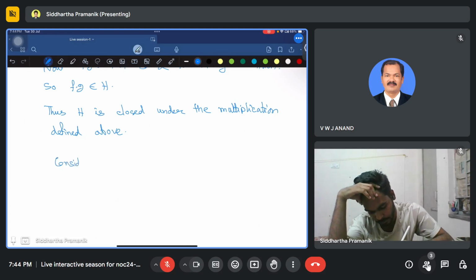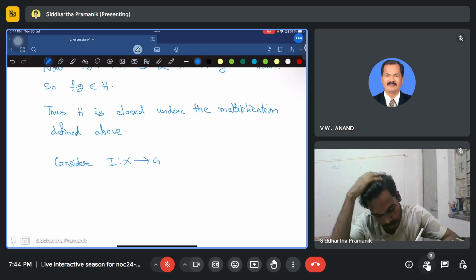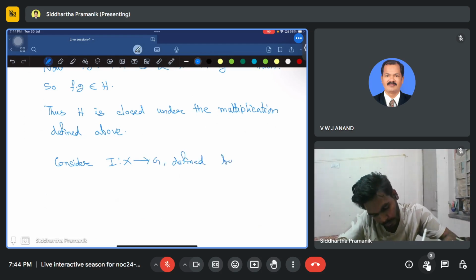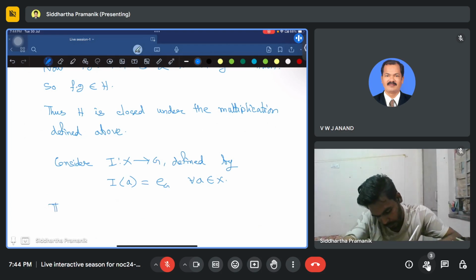Consider the function I from X to G, which is defined by I of small a is the identity element of G for all a belongs to X. Then f times I of a is the same as f of a times I of a.